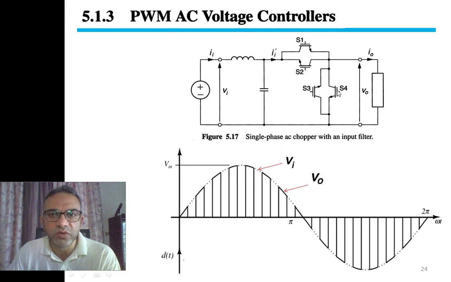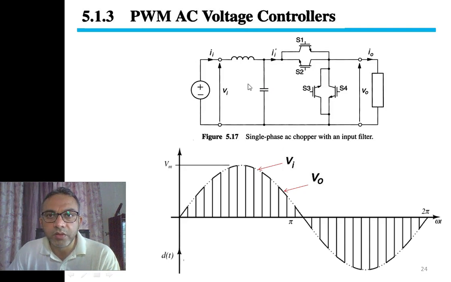S3 and S4 are both connected in parallel with the load. The load can be resistive, or RL, or any RLC. V out represents the load voltage and I out represents the load current.